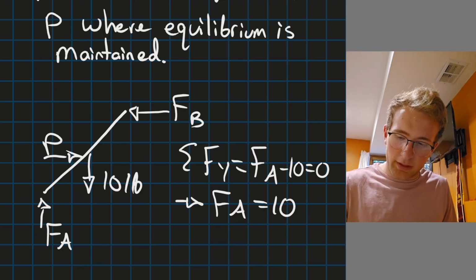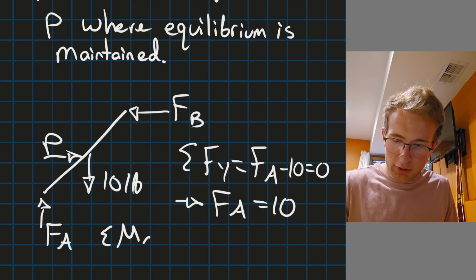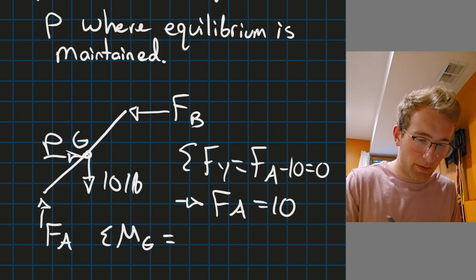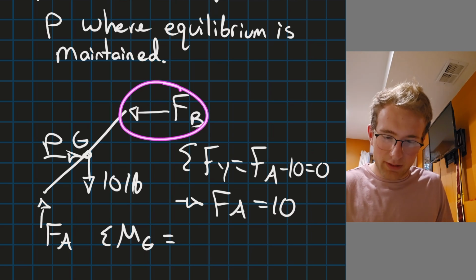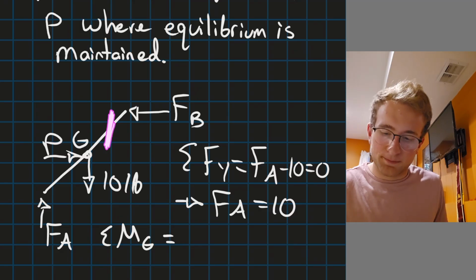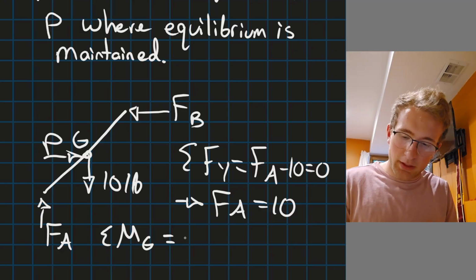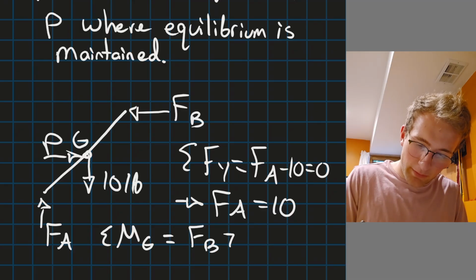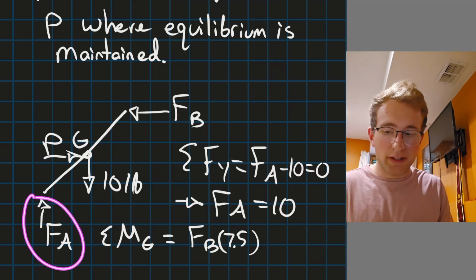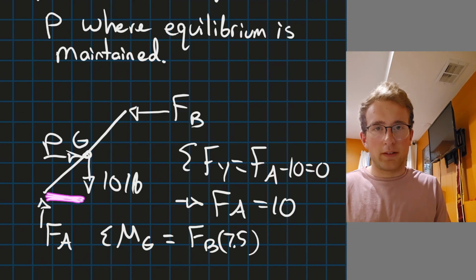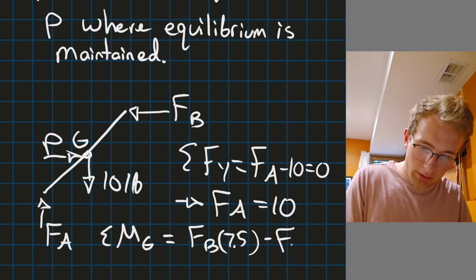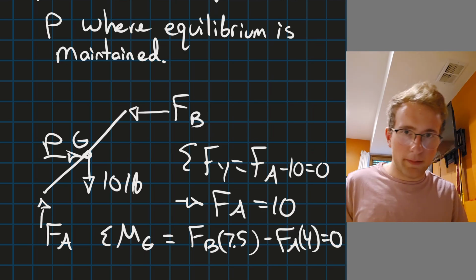All right, and then you can take a sum of the moments about G, where this middle point is labeled G. So it's this force Fb times the perpendicular distance there, which if you look at the problem is 7.5, so Fb times 7.5, it's positive from the right hand rule. And then this force Fa, which we've just found is 10, times this perpendicular distance, which is 4, it's negative from the right hand rule. So minus Fa times 4, and that's it.